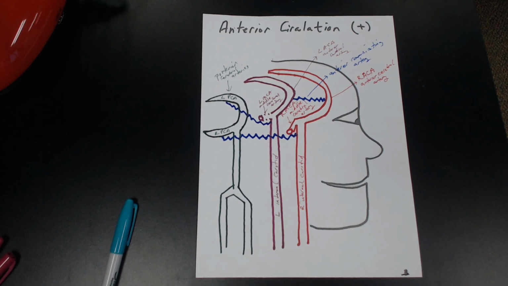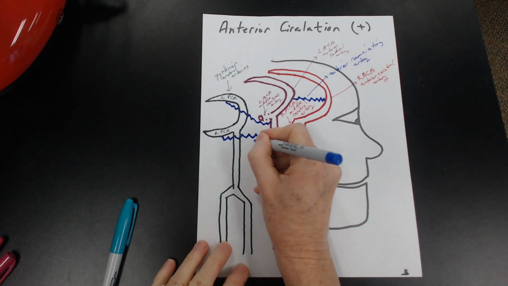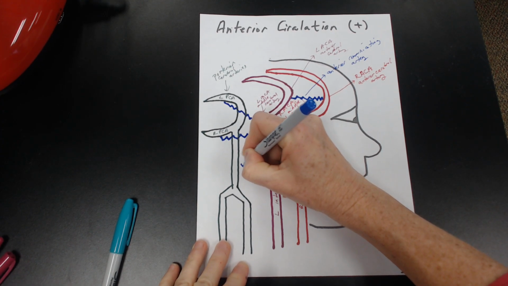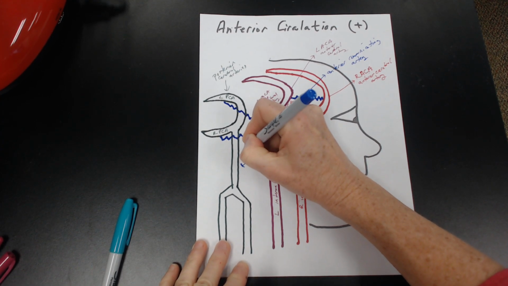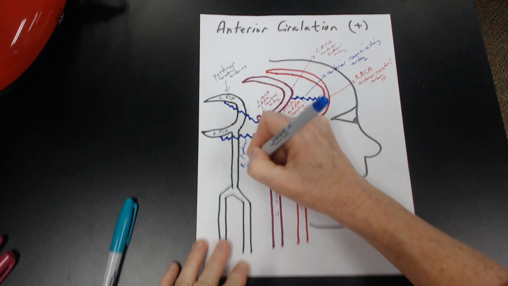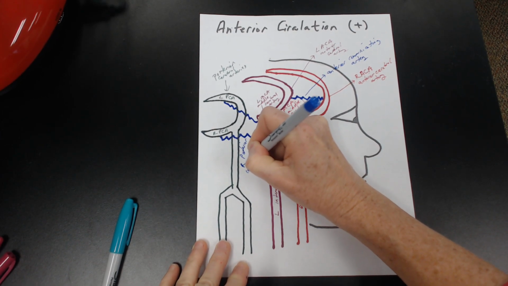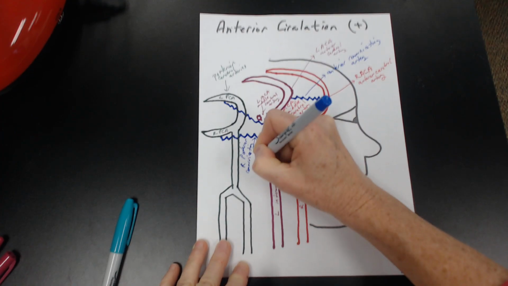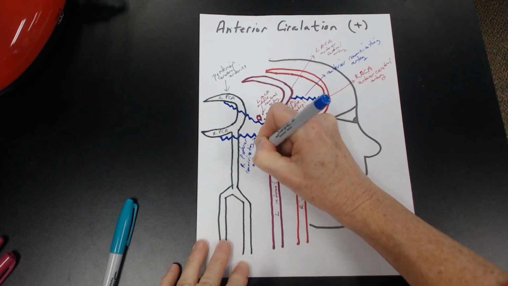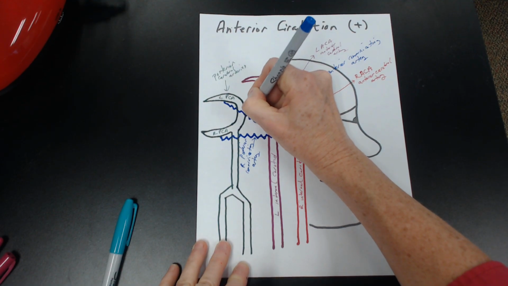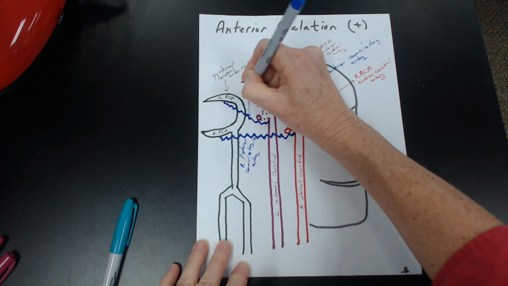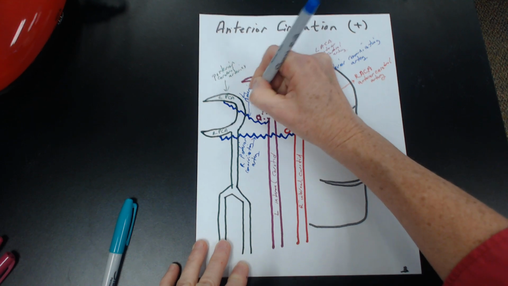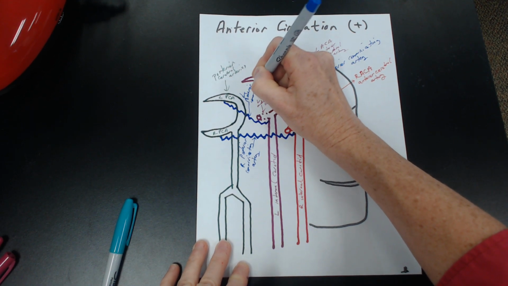And this is going to be your right posterior communicating artery. And then this one over here is going to be your left posterior communicating.